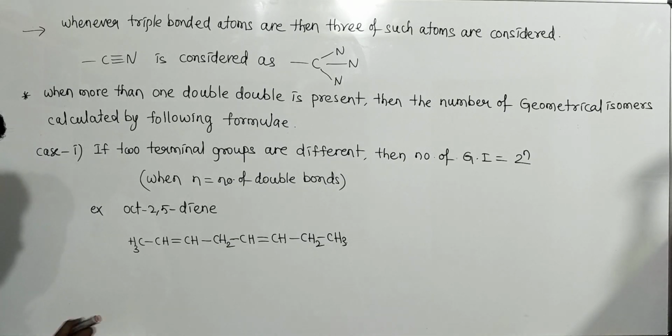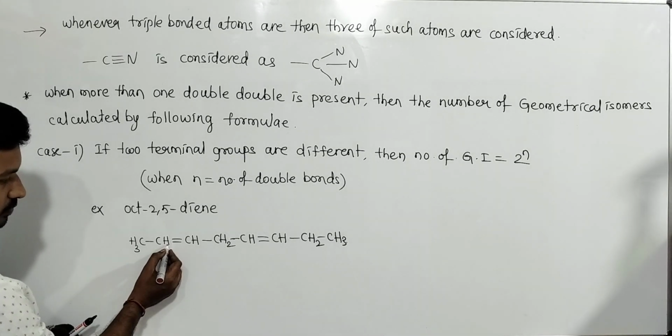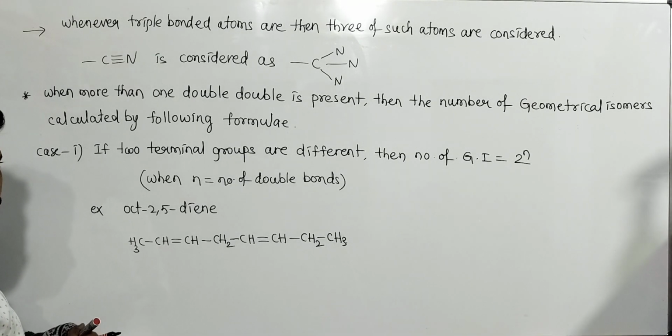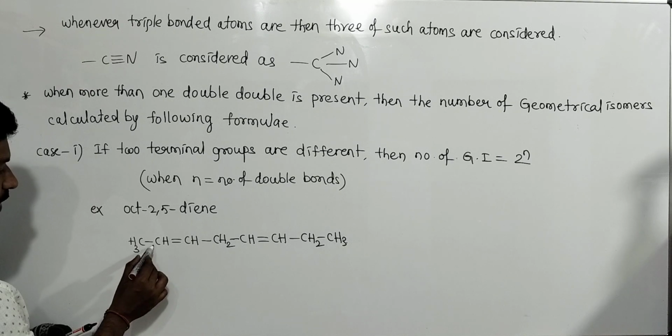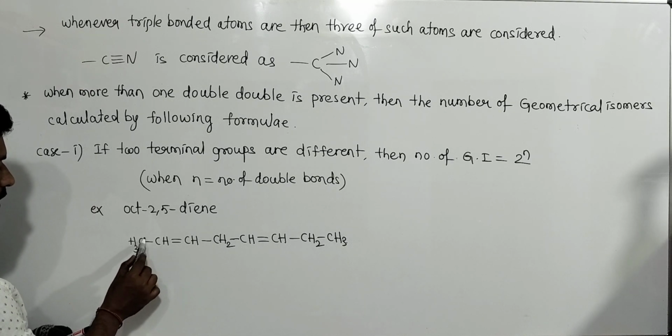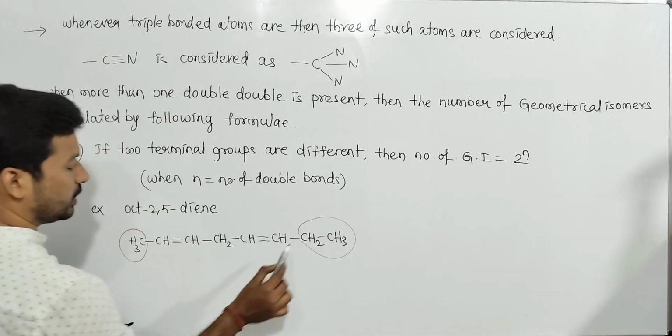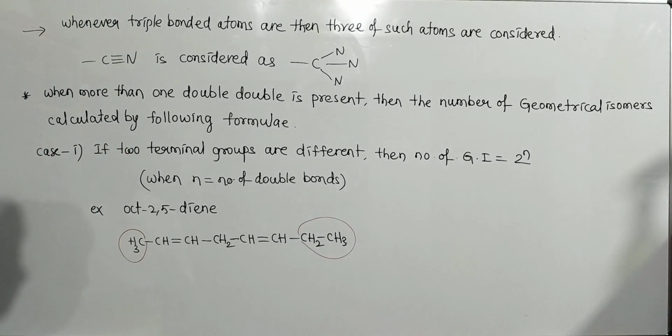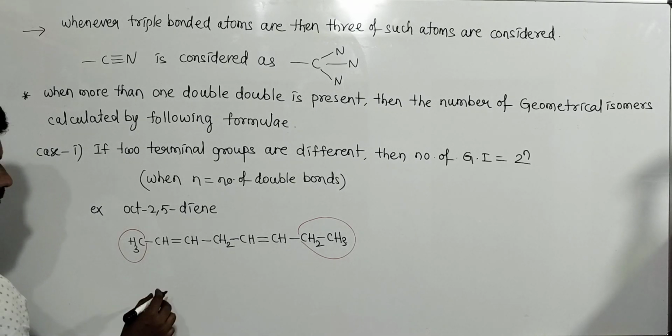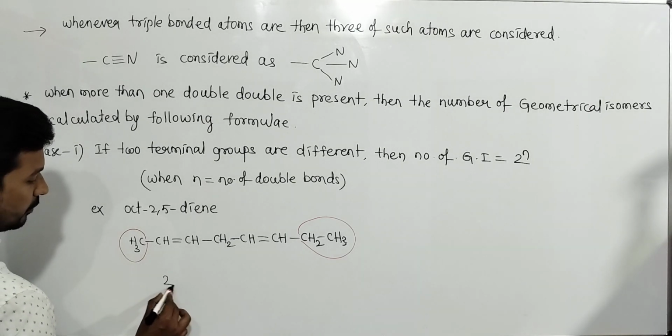If you see the groups, here the groups are different. This is a methyl group, a terminal. After the double bond here, this is an ethyl group, methyl and ethyl. The 2 terminals are different.